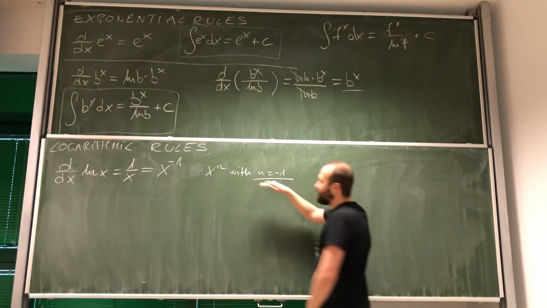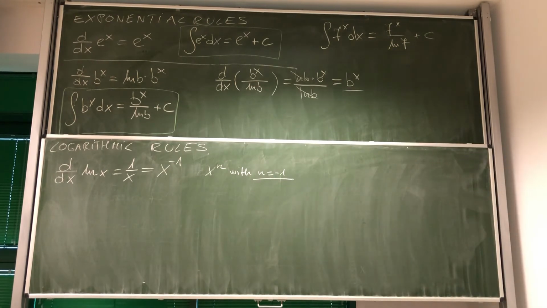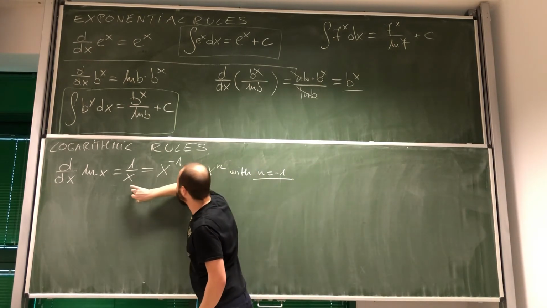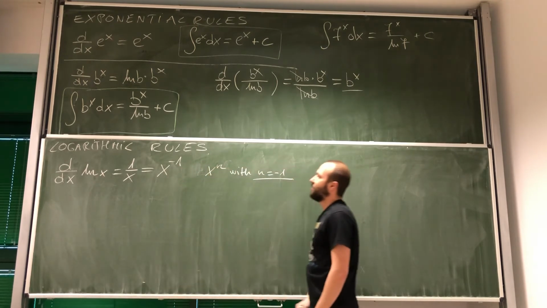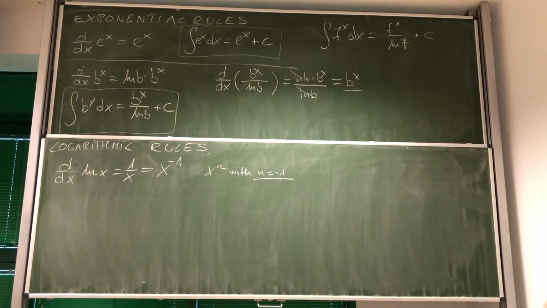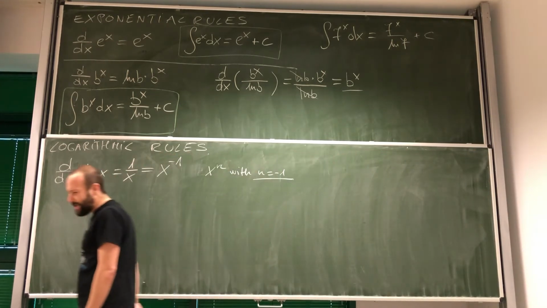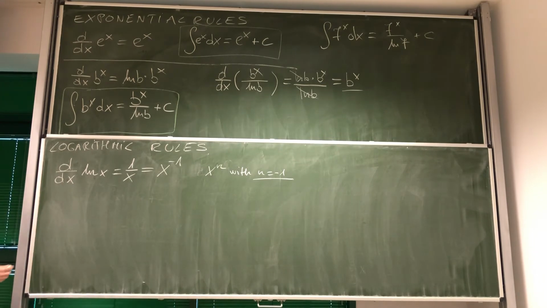We couldn't find the integral there, and the rule didn't work simply because the function 1 over x is associated with the natural logarithm of x.